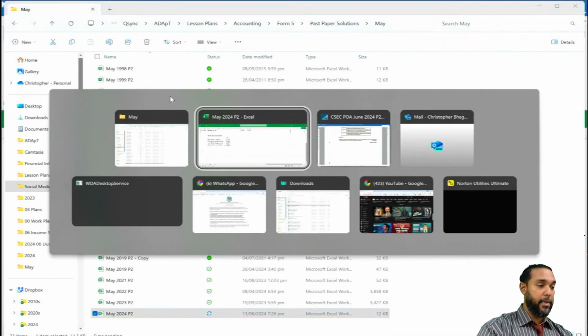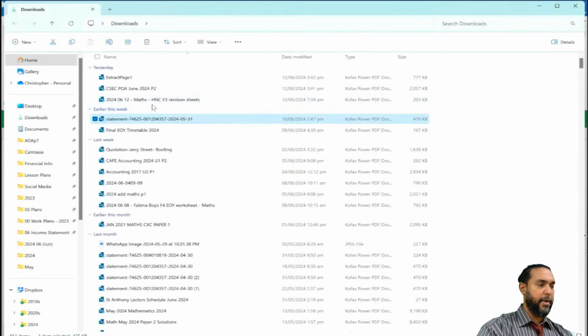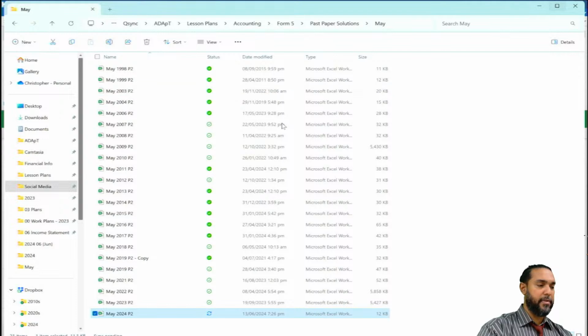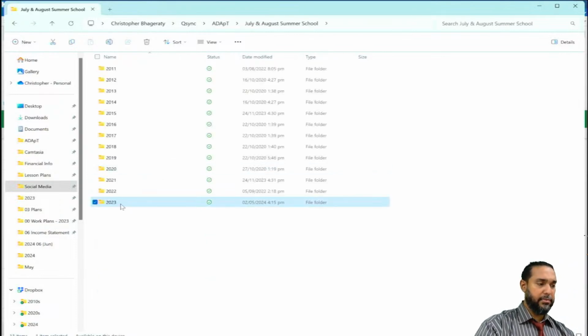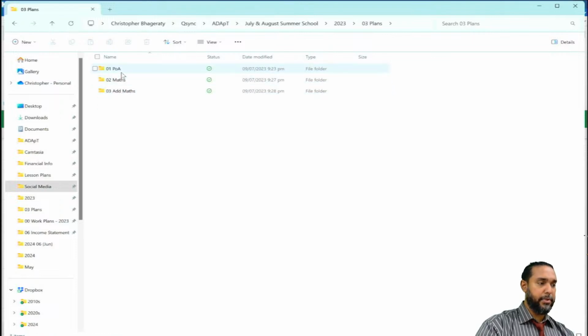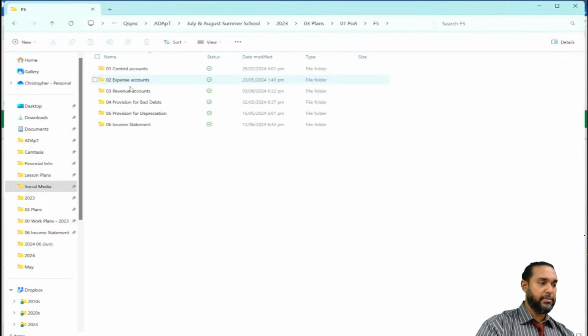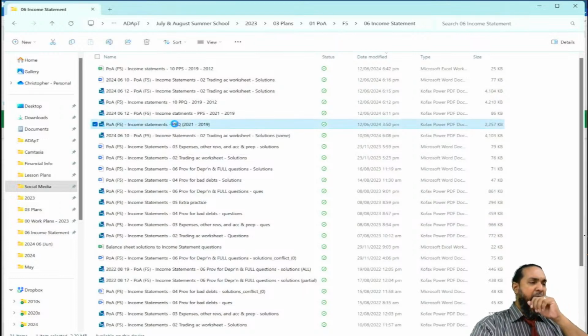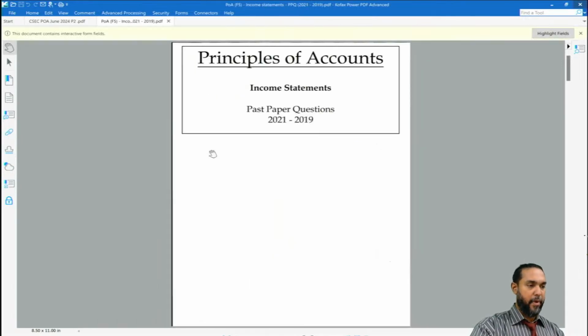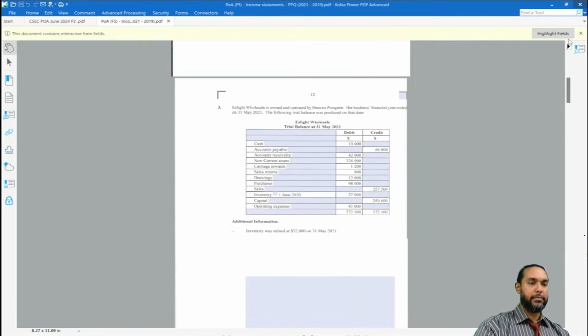Oh my god. Hold on. I can't find the folder. The next one. Why not here? Hold on. Am I going crazy or something? Was I not just in? Okay. Sorry. One sec. I really thought I went to this folder, and I went here to plans, and then to PoA, form 5, income statement. Right. Okay.